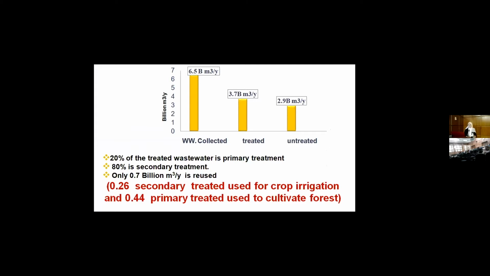Unfortunately, the treated wastewater is 3.7 billion cubic meters, and untreated is 2.9 billion cubic meters. 20% of the treated wastewater is primary treatment, and 44% of the primary treated is used to cultivate forests, and 80% is secondary, and 26% of this secondary treated effluent is used for crop irrigation. And 0.7 billion cubic meters per year is reused, just 0.7 billion cubic meters per year.